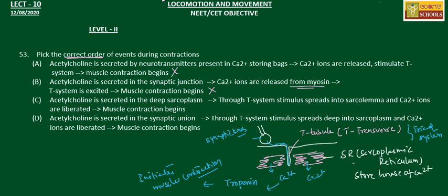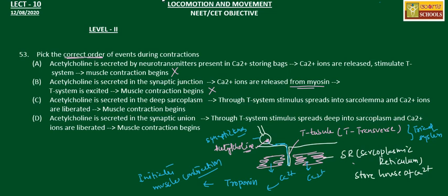Acetylcholine is secreted in deep sarcoplasm. No, acetylcholine is a neurotransmitter that is released from the end of the neuron.